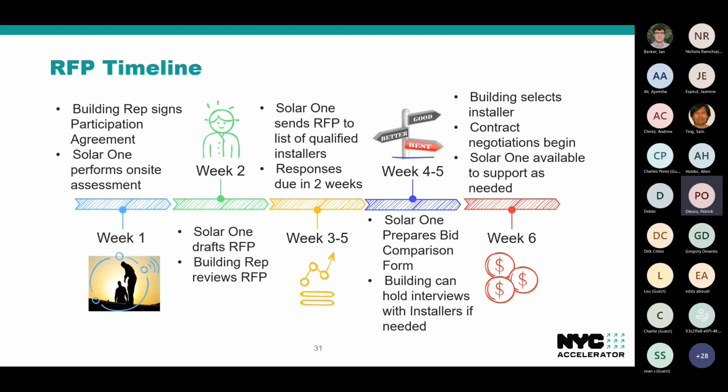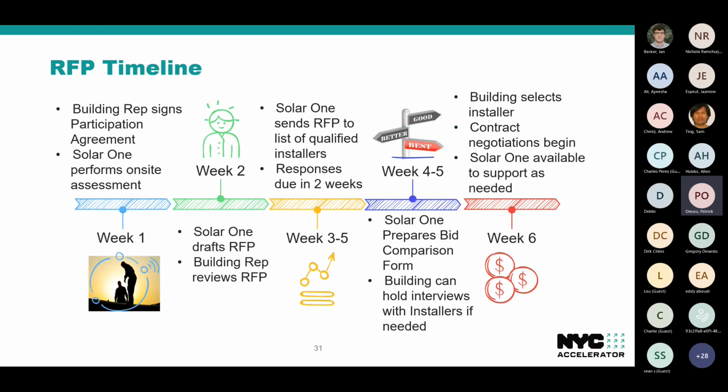We typically give them 2 weeks, but if it's a larger portfolio of buildings being considered, we might give an additional week or so, just so they get to properly assess the scope of the project.